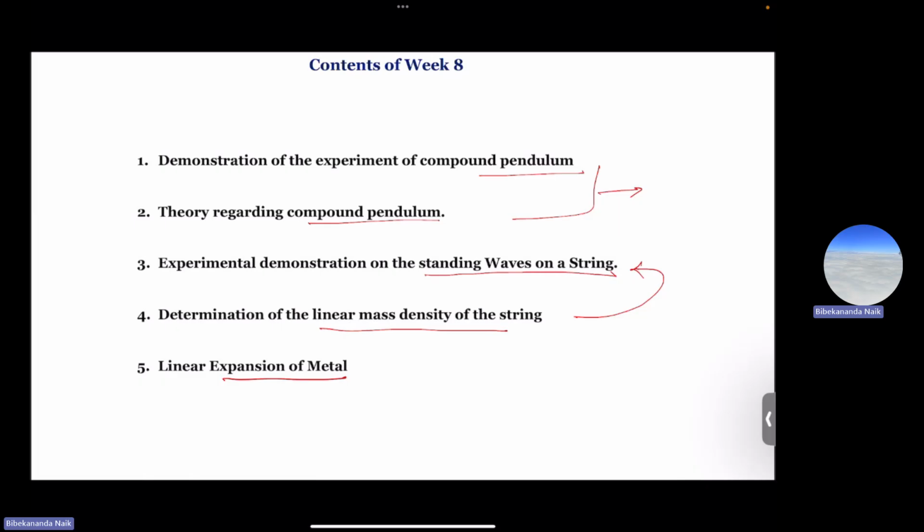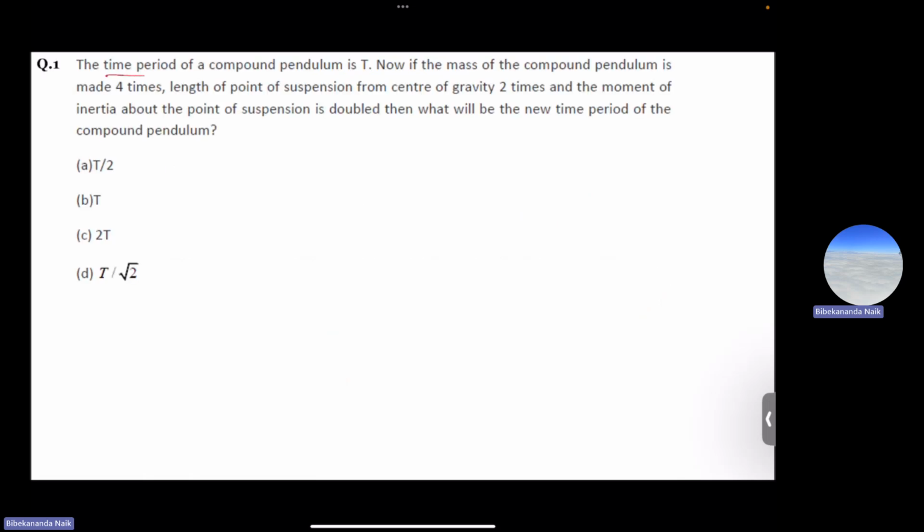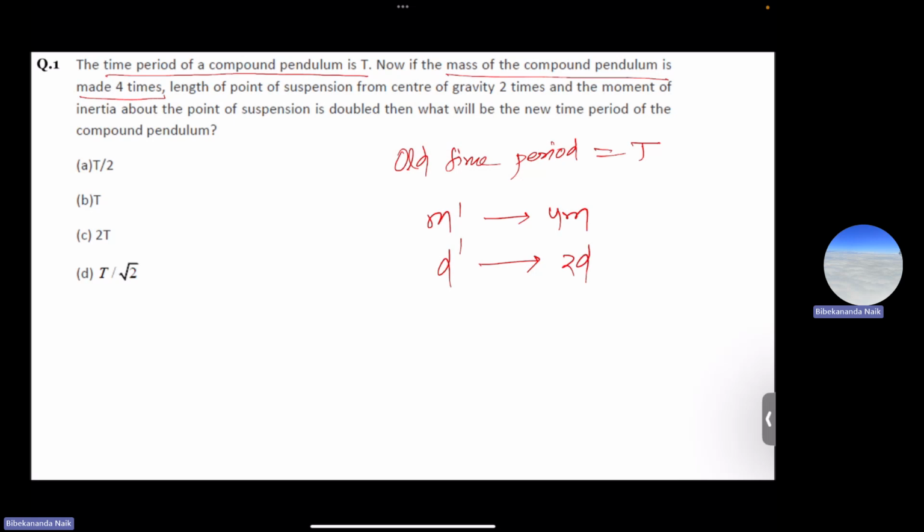The options are option A T by 2, option B T, option C 2T, and option D T by root 2. So the question says the time period of compound pendulum is T. So the old time period was T. Now if the mass of the pendulum is made 4 times, so m prime becomes 4m, the length of the point of suspension from the center of gravity, suppose this is d prime, is now 2d, and the moment of inertia about the point of suspension is doubled.